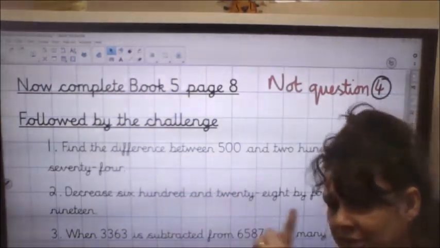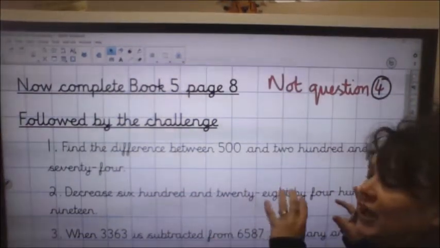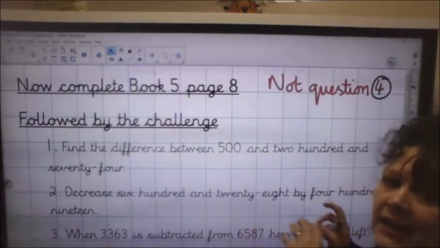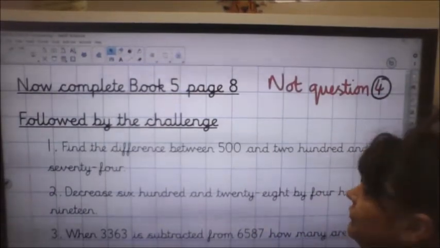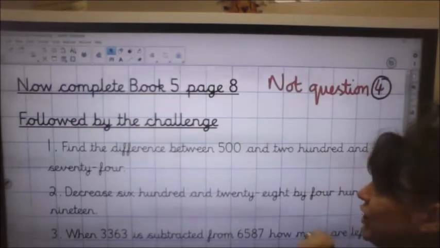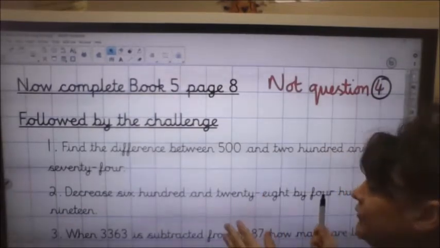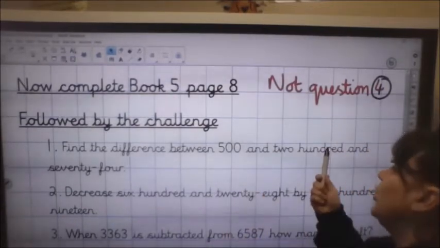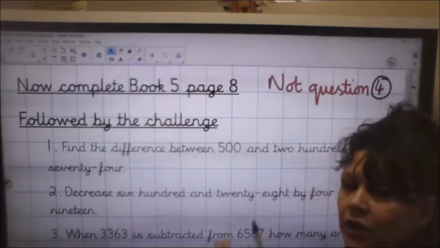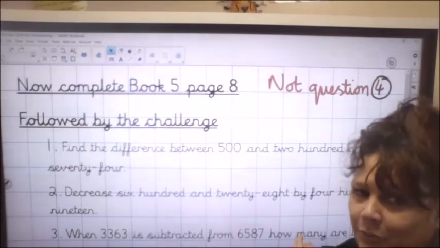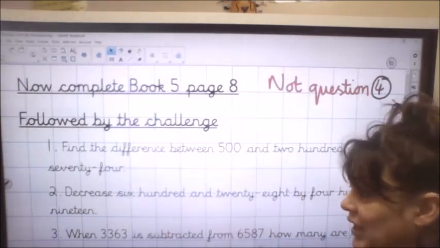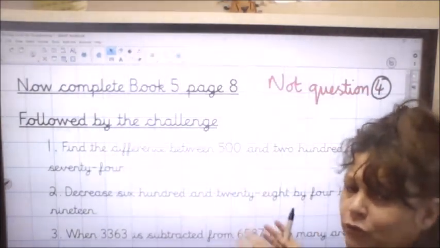Okay, then you've got a challenge, and again, you're going to do this in your purple book. So you've got to find the difference between 500 and 274. Number line. Okay, you've got two numbers. You need to take the smallest away from the largest. They're just problems in word form.